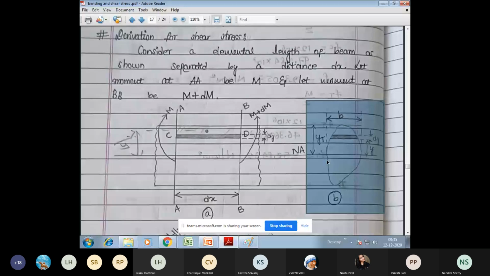Let me repeat this once again. This is one of the important concepts which you are going to study. If you have not brushed up your previous concepts, if you have not gone through your previous numerical examples, this strength of materials is going to be very difficult for you. Please make sure that you regularly practice and understand thoroughly.